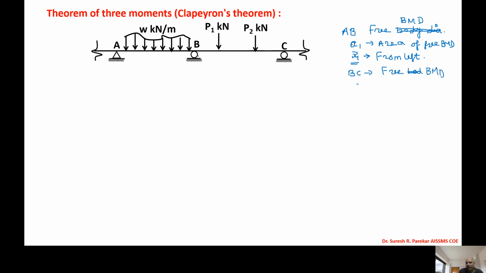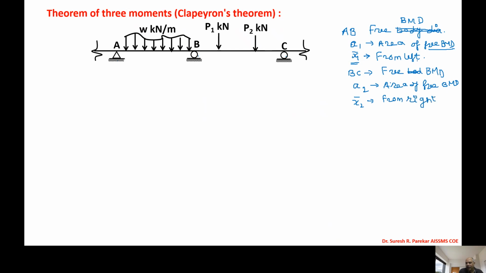And then here also we have to find A2, the area of the free BMD, and X2 bar, the centroid of this from the right.